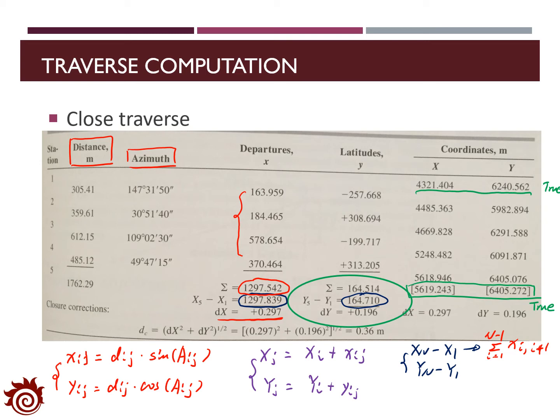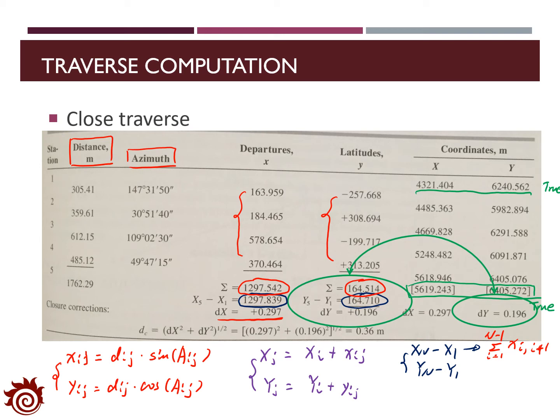The estimated value will be the summation of all the latitudes, which is 164.514. With that, you can find out the error for the y coordinates as 0.196.